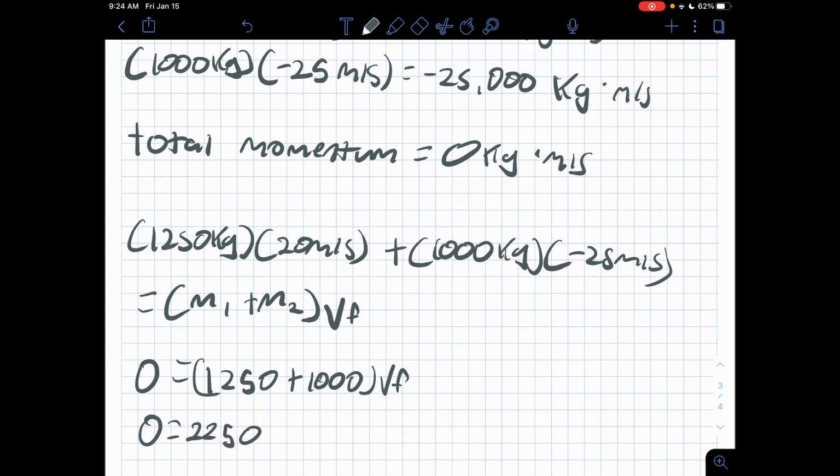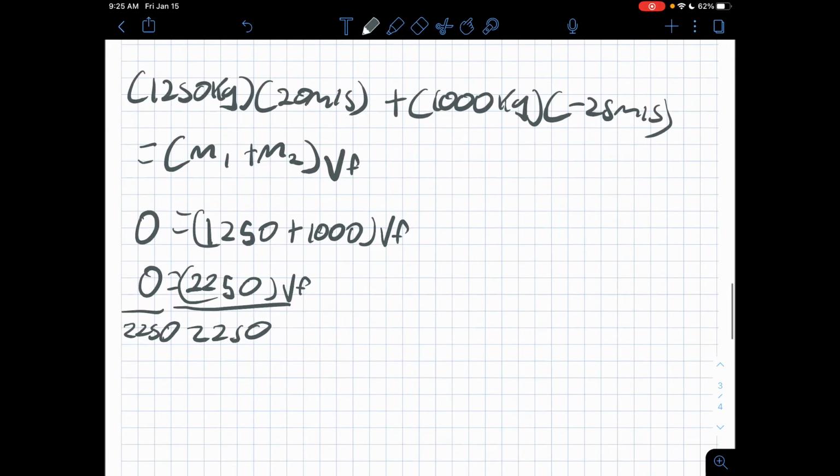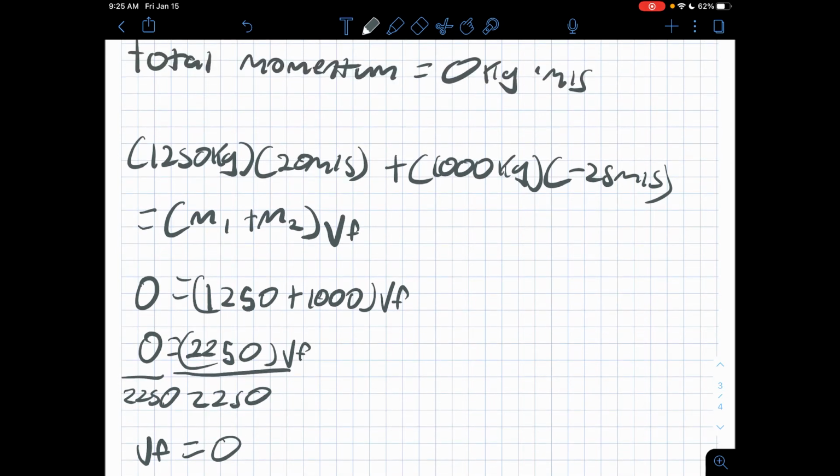So you get 0 equals 2250 times velocity final. To find the final velocity, you divide both sides by 2250. And 0 over 2250 is equal to 0. So the final velocity is equal to 0.